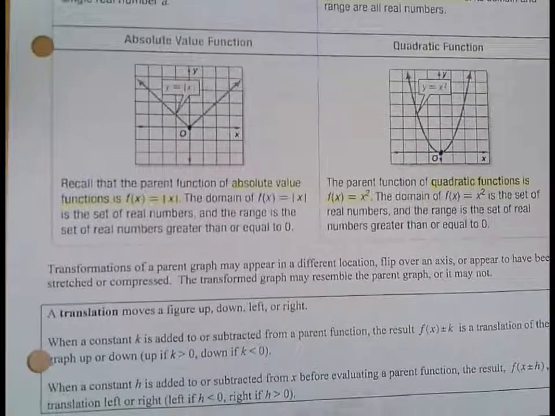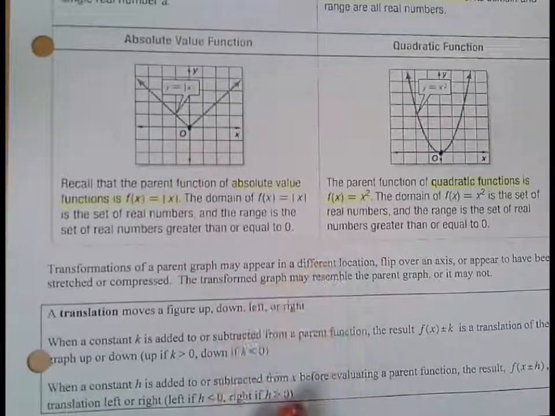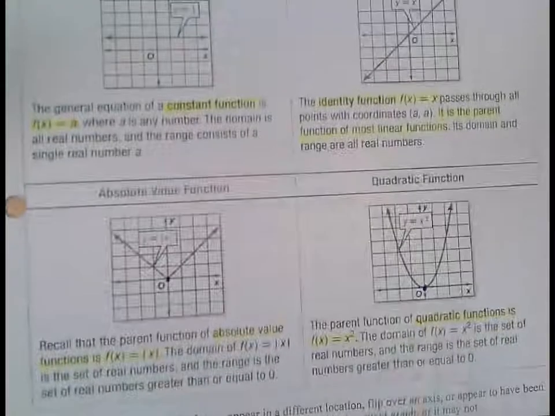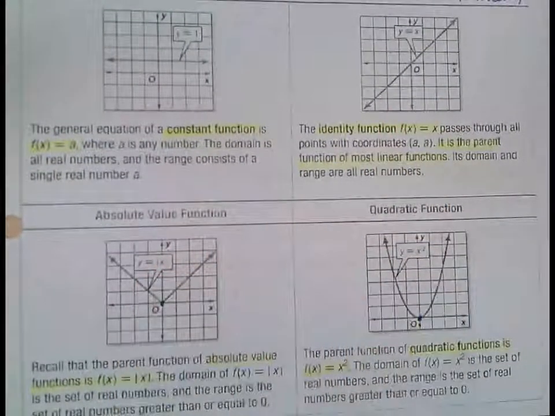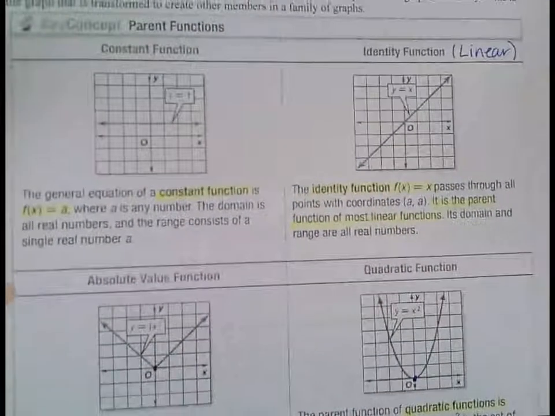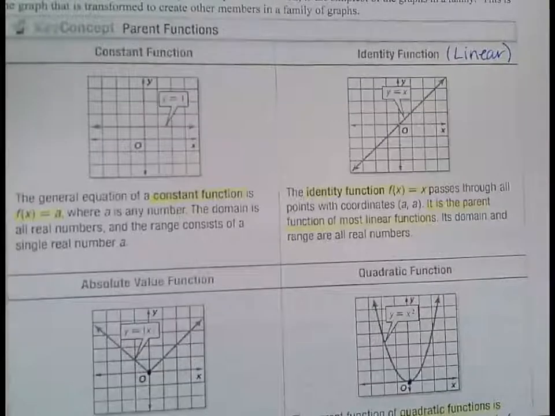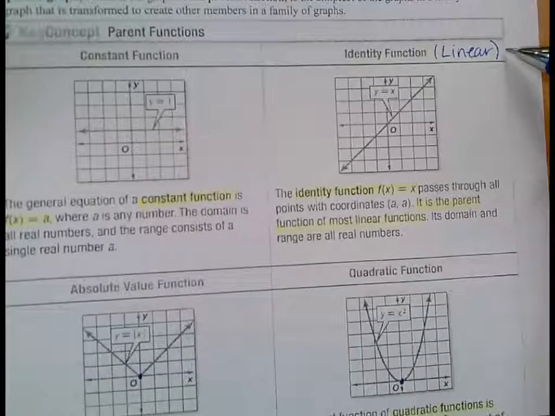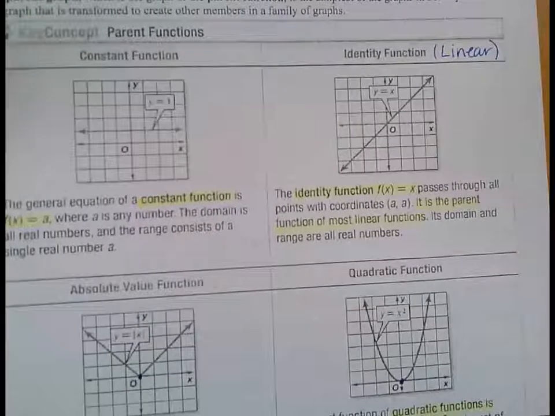So I'm going to include on here, before we really start talking about transformations, formulas for the linear, absolute value, and quadratic functions that I'm going to have you use while we describe transformations. Linear functions, I know we're familiar with y equals mx plus b, but when we describe transformations, we describe them in terms of the a values, h values, and k values in an equation.